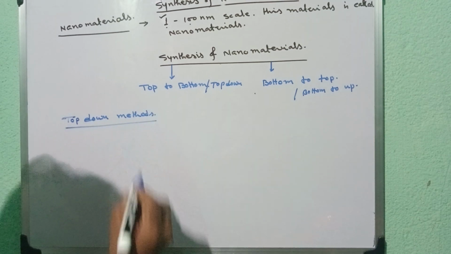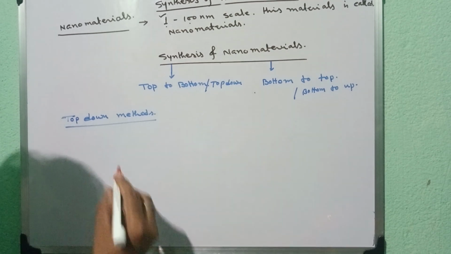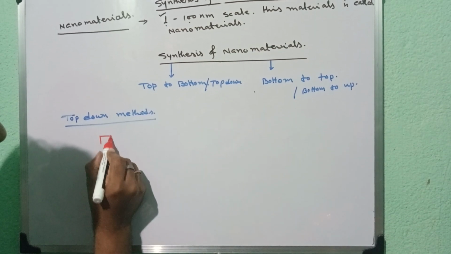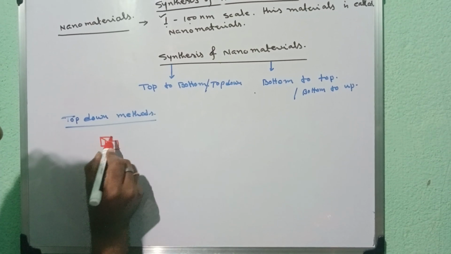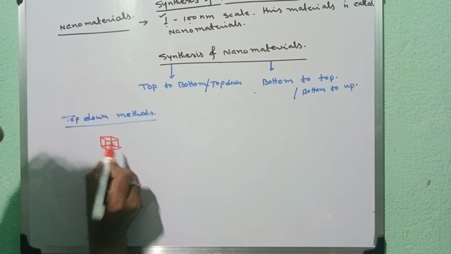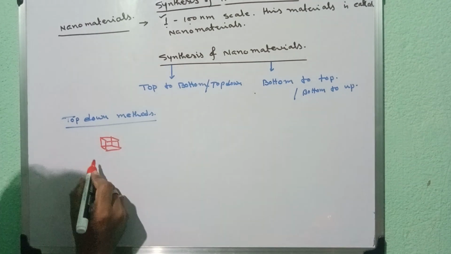So in the top down method, first there is the bulk material.